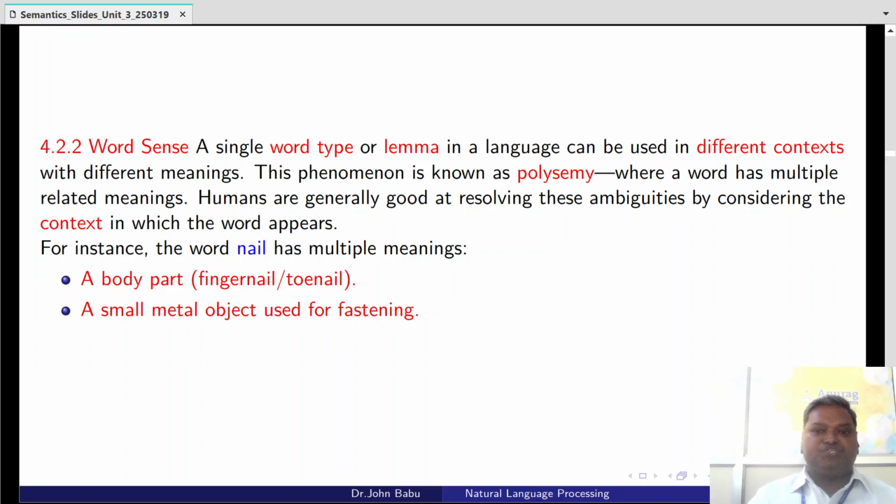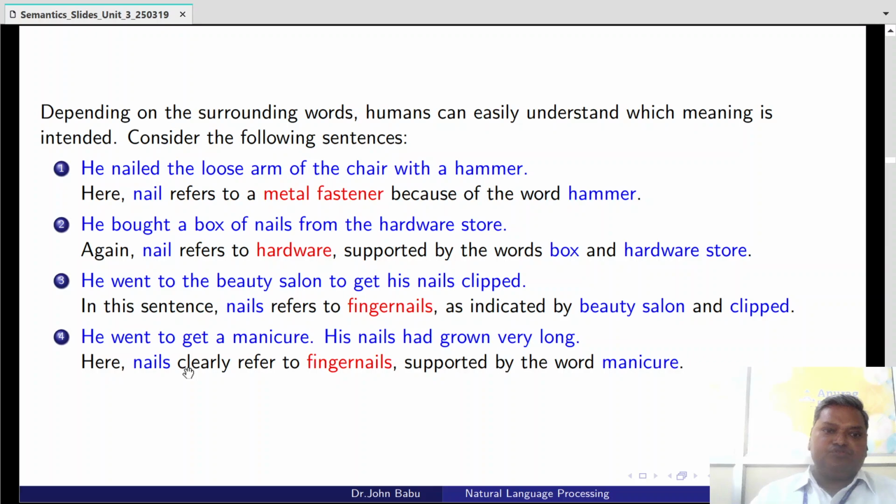For example, you see here a body part, nail. Nail represents our fingernail or toenail, or similarly a small metal object we use for fastening things. So if you see the context, for example, I have a sentence: he nailed the loose arm of a chair with a hammer.